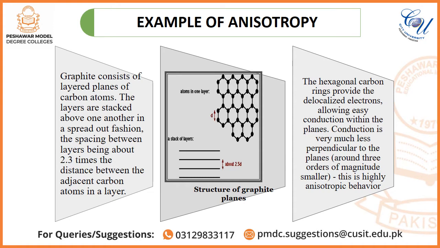Now you can see here that atoms in one layer are stacked above the atoms of another. This is a stack of layers. These dots are carbons, and the distance between layers will be about 2.3 times the distance between the adjacent carbon atoms.